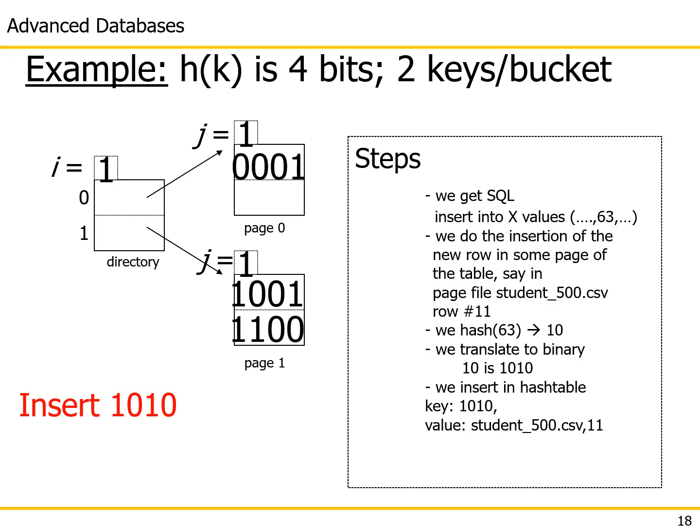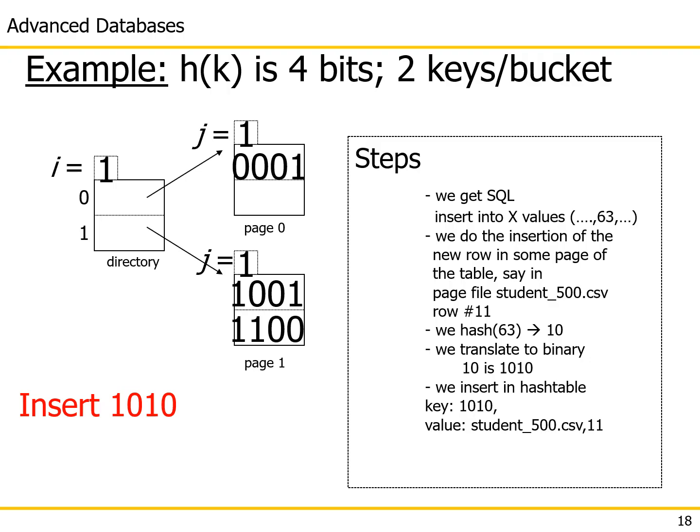So we will proceed and do the insertion of this new tuple in the right page, in the proper location, based on whatever other column we're using to sort the table. After we've inserted this new row, we will take note of the file location or the page location on disk and the row number where the new row was inserted.